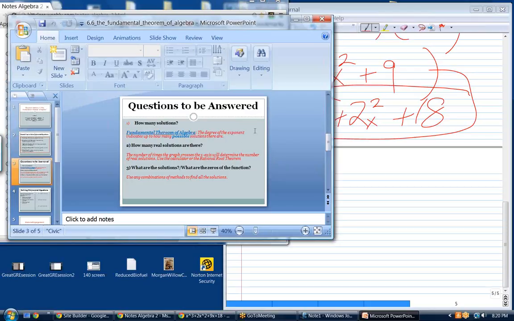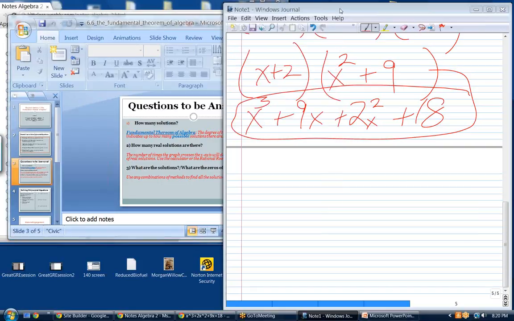The degree of the exponent indicates how many possible solutions there are. We've been talking about that. If it's a cubic, there are 3 solutions. If it's a quadratic, there are 2 solutions. Now, it's not to say that there are 2 separate solutions.